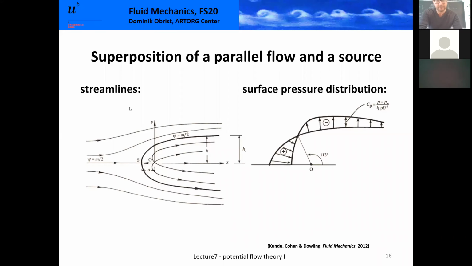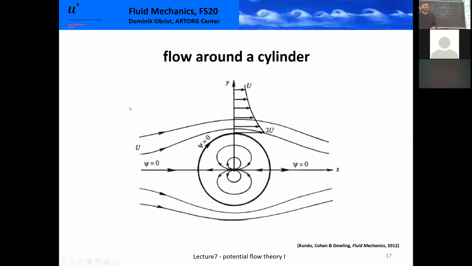This is what we get if we add a parallel flow from the left to a dipole. We get one streamline, which happens to be exactly a circle. So let's finish with that picture. We'll look into this a bit more closely at the beginning of next hour.